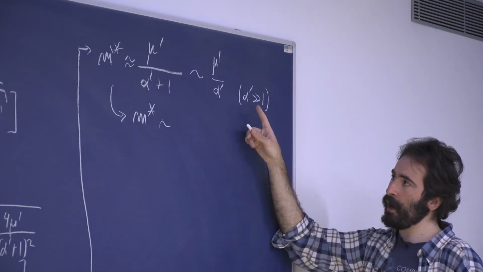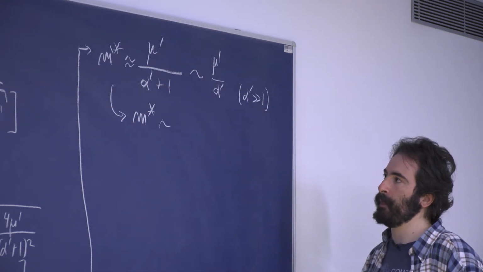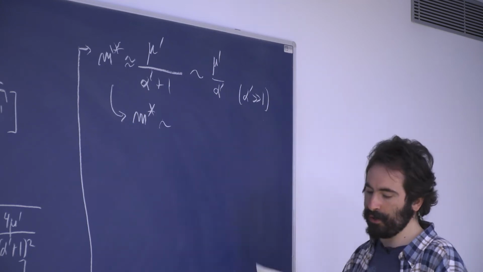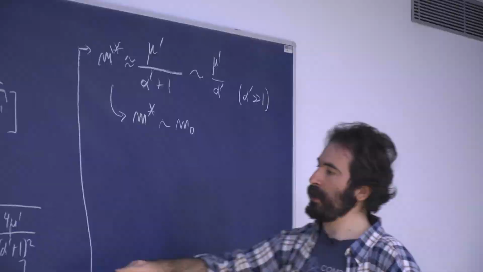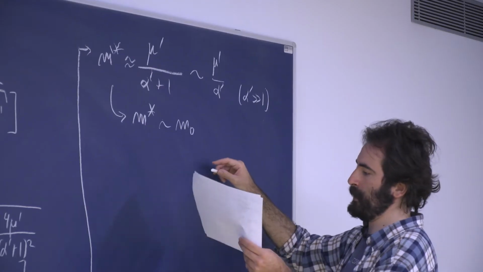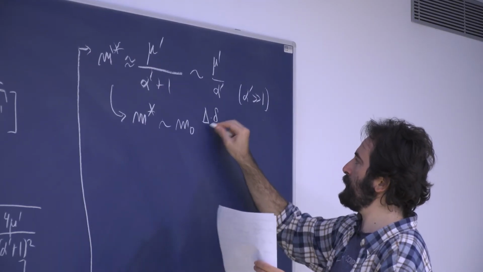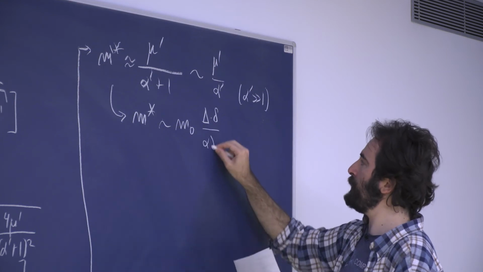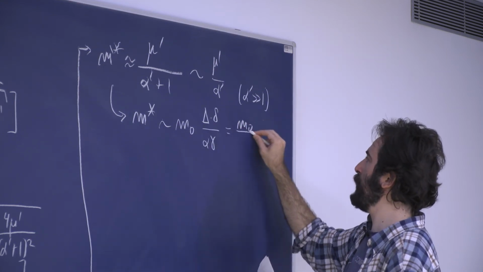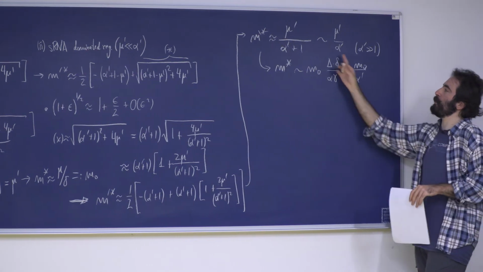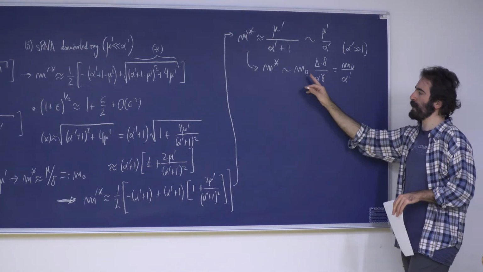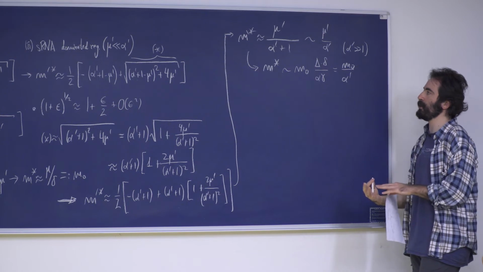So if we undo this transformation for alpha prime much larger than 1, what you get is m naught, with the definition that I had over there, times delta alpha gamma, which is nothing but m naught over alpha prime. So I cannot really get rid of alpha prime. This is how it should look. Remember, all of this is now given in the units that we started our problem with.